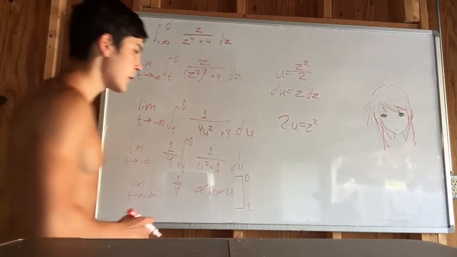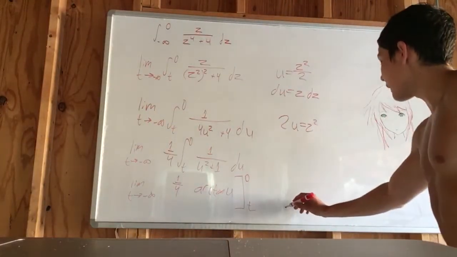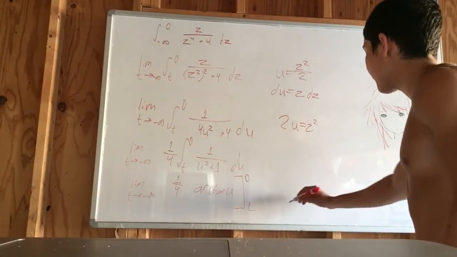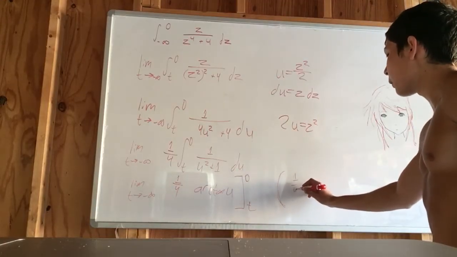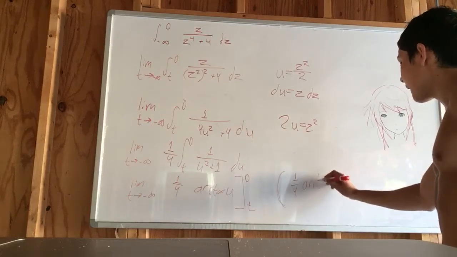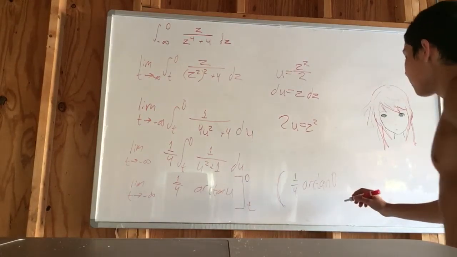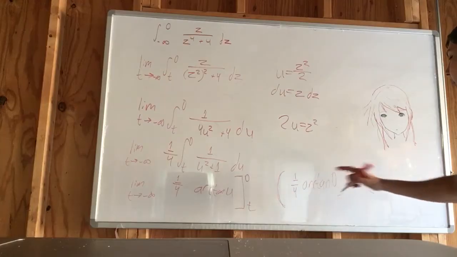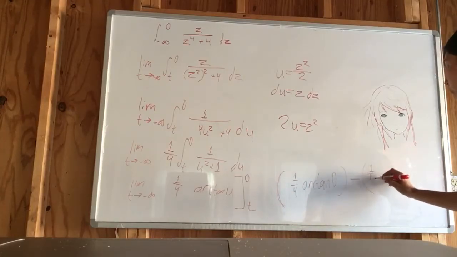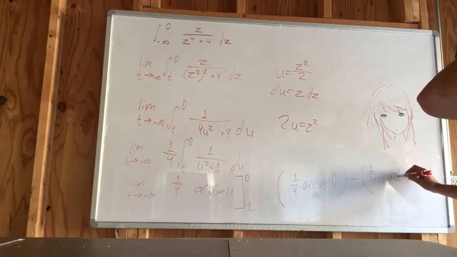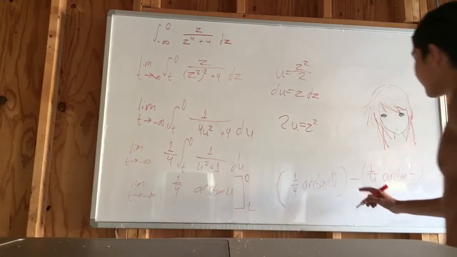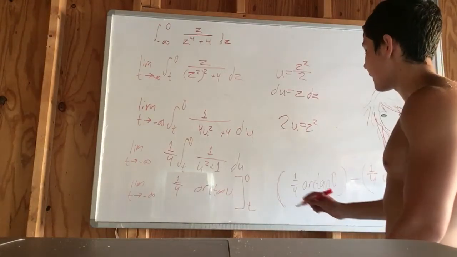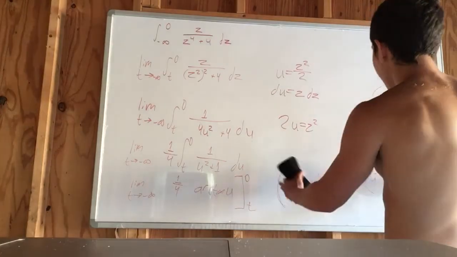So now what happens is we take the upper bound and subtract from that the lower bound. The upper bound gives us 1/4 arctan of 0 minus the lower bound, which is 1/4 arctan of t, because we're making that substitution, and we're having the limit as t approaches negative infinity of this entire thing.